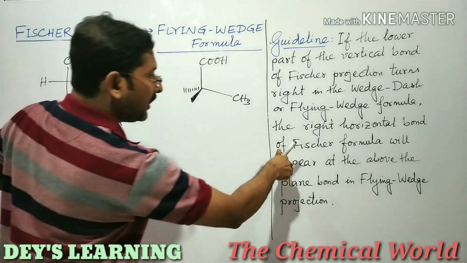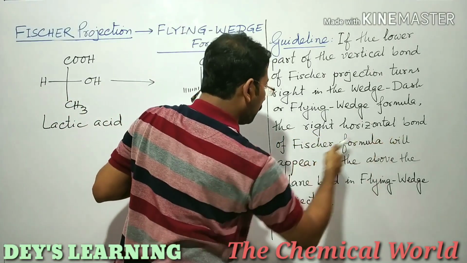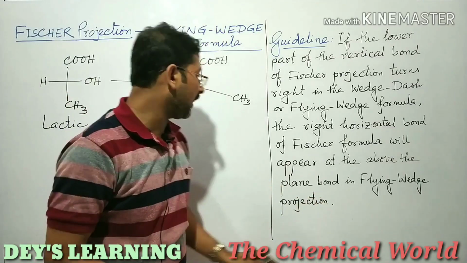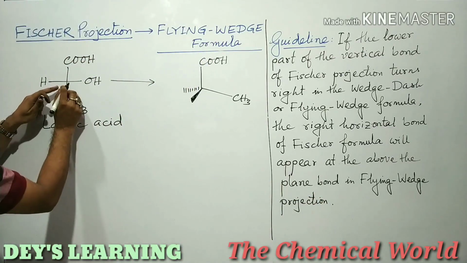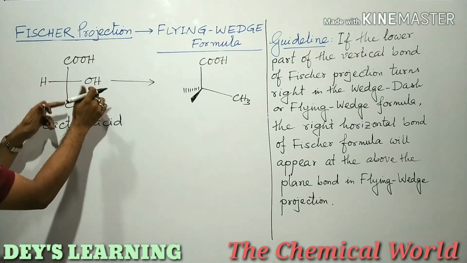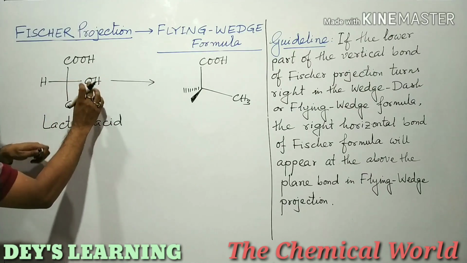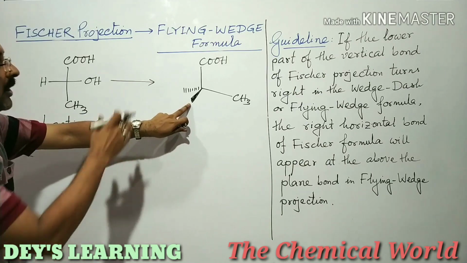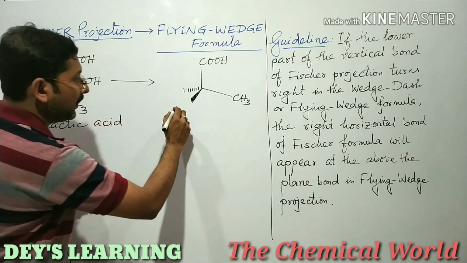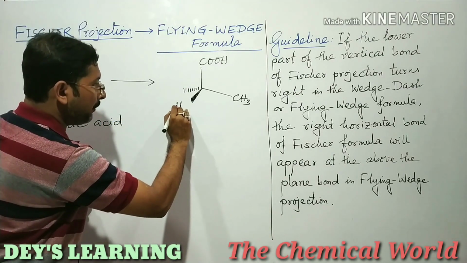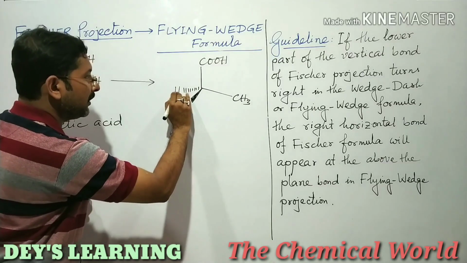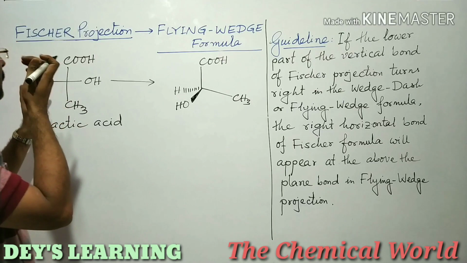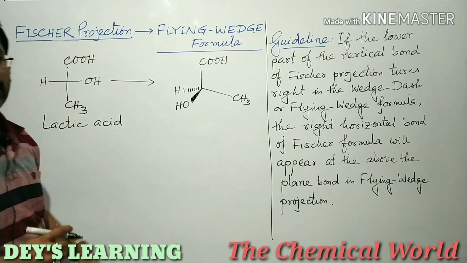Turn right, then the right horizontal bond of the Fischer formula, this is the OH bond, will appear at the above the plane bond in the Flying-Wedge formula. That is, OH will appear here and hydrogen will be here. This is the conversion.